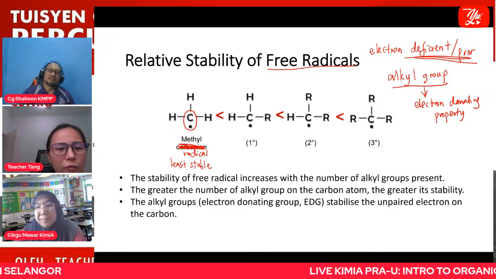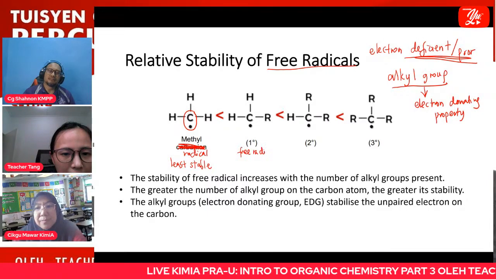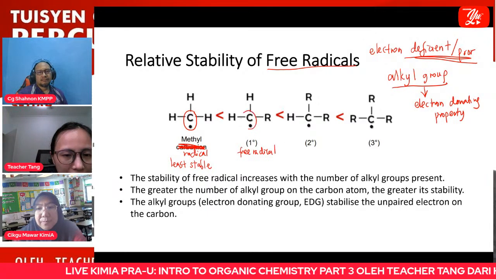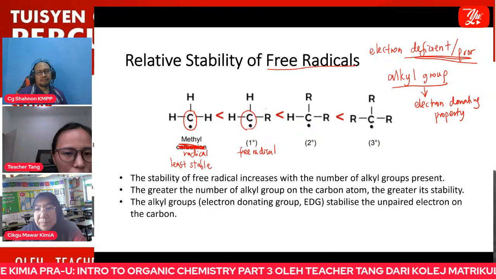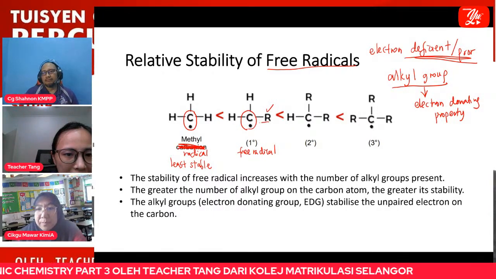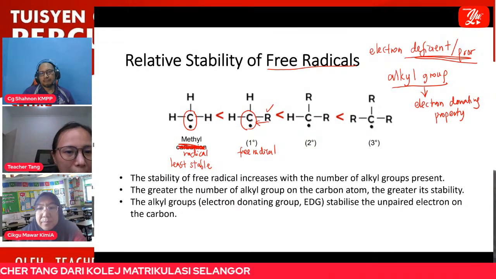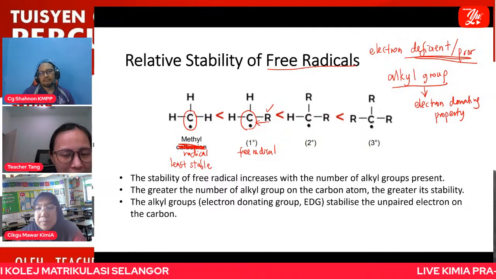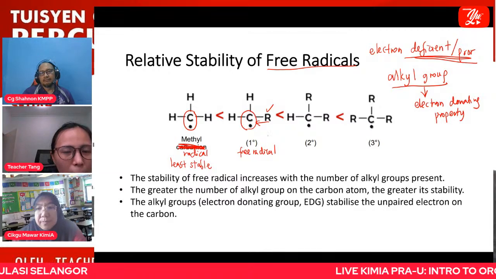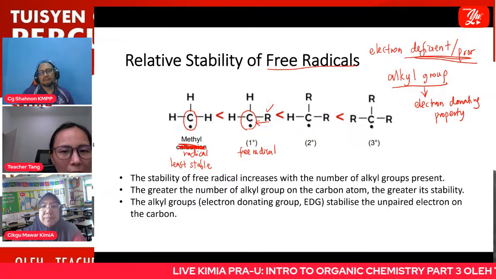Then for the primary free radical, can you see that the carbon with the unpaired electron is attached to one alkyl group, and this alkyl group tends to release electrons to the carbon with the unpaired electron to stabilize it? Therefore, the primary free radical is more stable than the methyl radical.